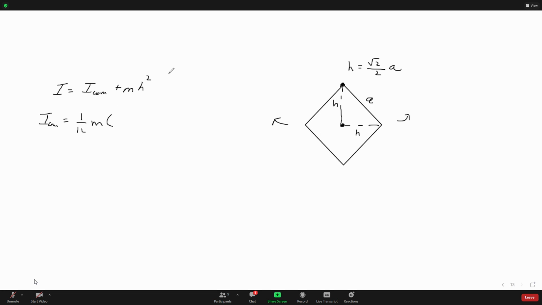So this becomes 1/6 ma squared, plus mh squared, which will be m times 1/2 a squared.